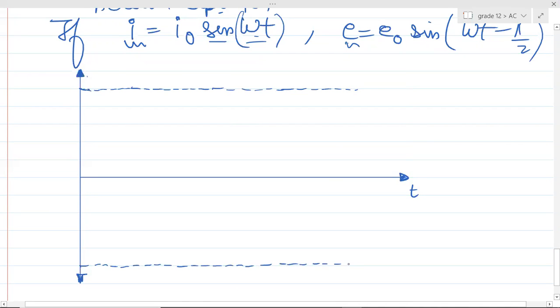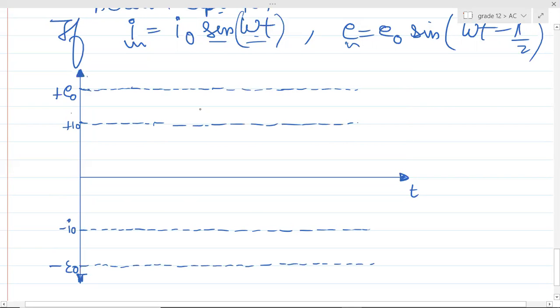For now I'm just preparing a graph. This is basically the maximum value of, let's say, EMF, and this is the minimum value of EMF. Similarly, this is the maximum value of current, and this is, sorry, the minimum value. For now I'm just drawing the graph. That curve I will draw later with different colors.